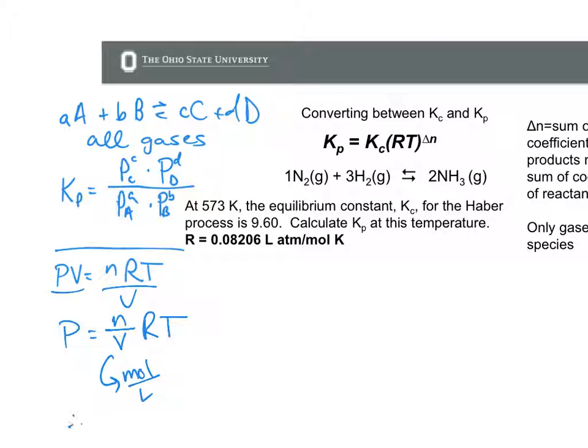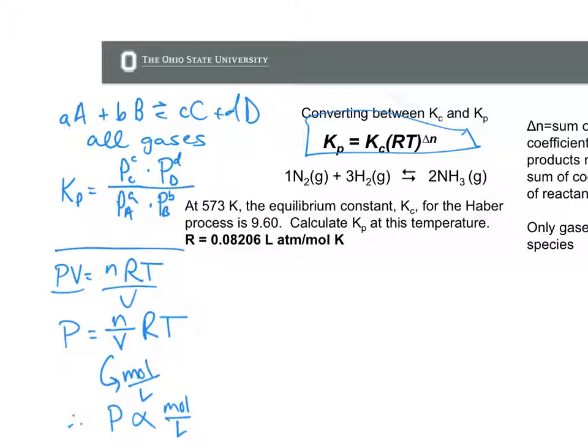And therefore, P is proportional to moles per liter.